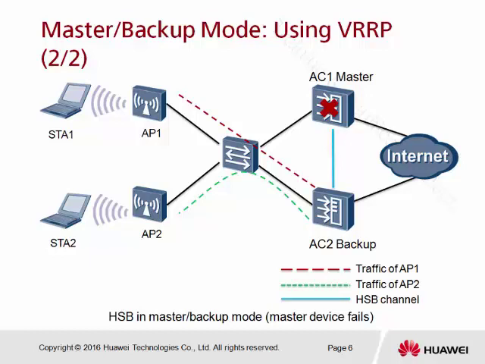They'll automatically form the CAPWAP tunnel with the second AC. And all the information previously stored inside AC1 will also be shared with AC2. So right now AC2 will turn from backup mode into master. So this is the technology for VRRP.